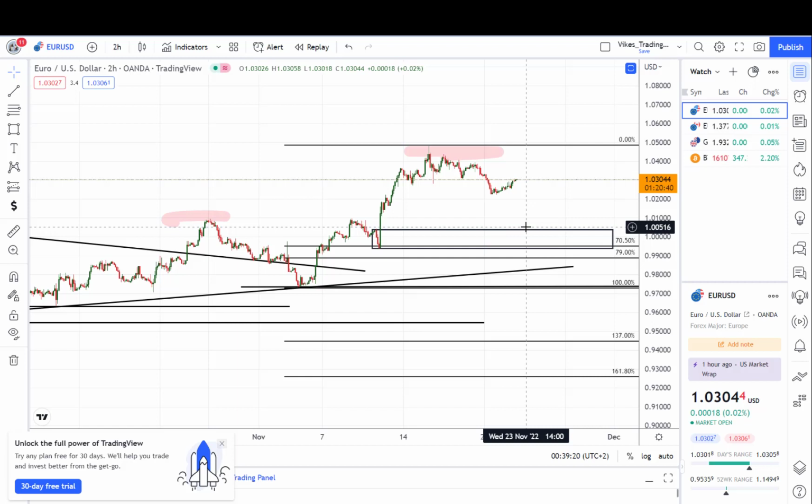around 1.500-ish area. The other place I will look, you can see these OBs around here, these ones. Price might come and hunt stop losses below this place and come and retest these small minor OBs.